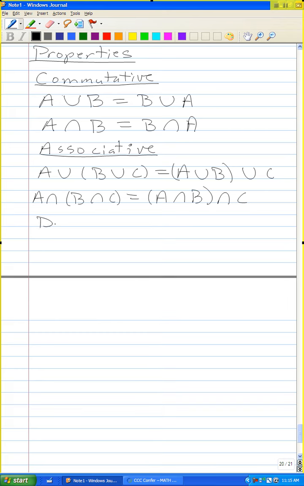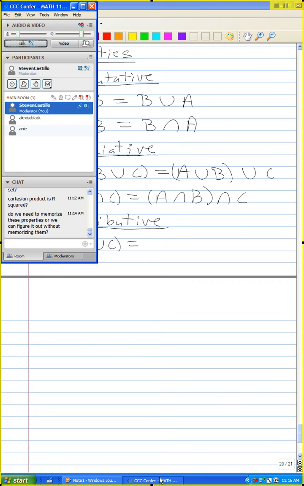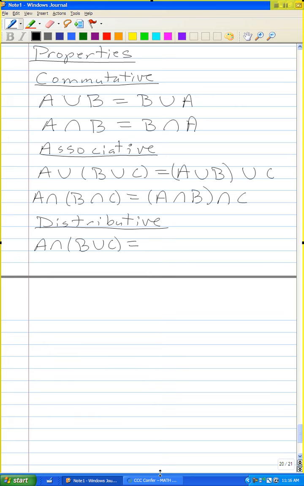Distributive properties. A intersect B union C is the same as... you can figure it out without memorizing them, but they're really the same. In other words, it's the same as 5 times 4 equals 4 times 5, right?